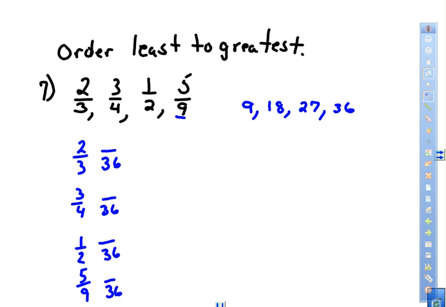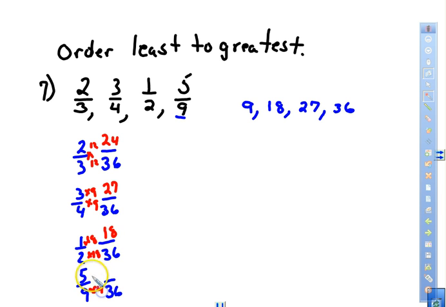And so now it's saying, all right, 3 times what gives me 36? Well, that's times 12. So 2 times 12 is 24. And 4 times 9. So 3 times 9 is 27. And 2 times 18. So 1 times 18 is 18.